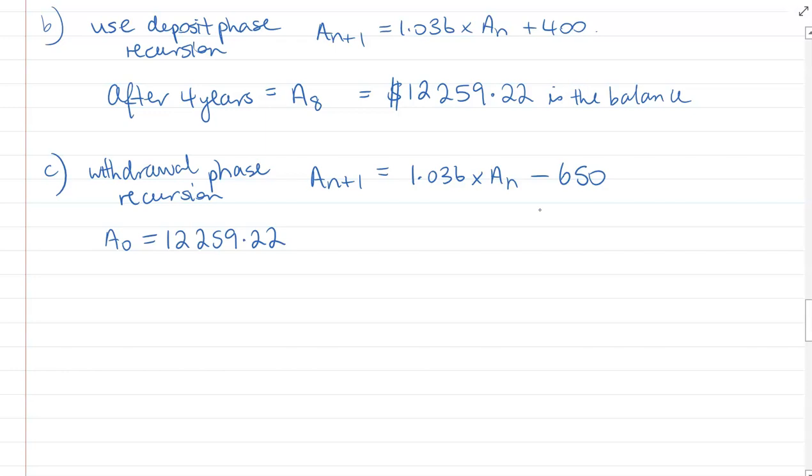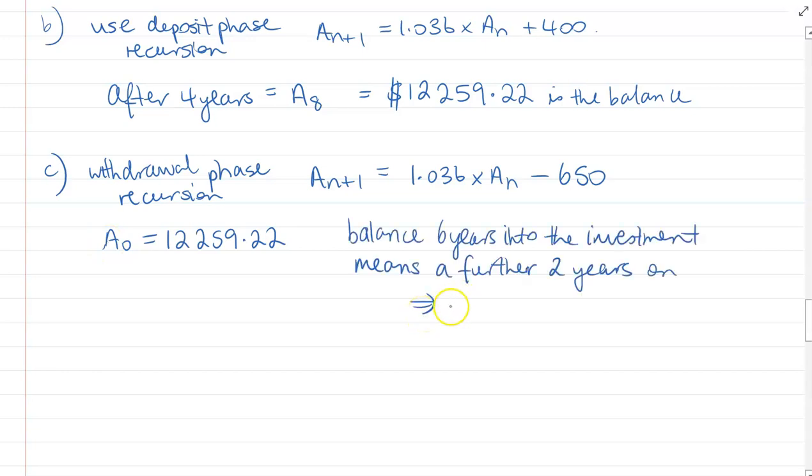And I'm interested in 6 years after the investment started. So that means I'm finding the balance of the investment 2 years after I've implemented a withdrawal phase. So for this particular recursion, I'm after the 4th recursion, since compounding happens every 6 months.